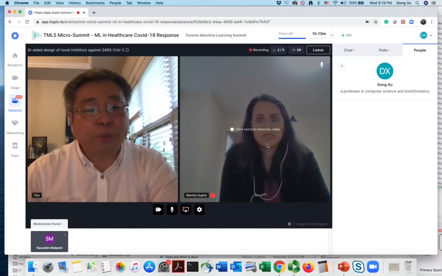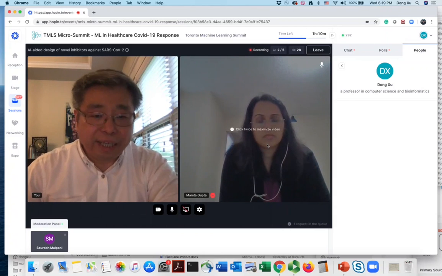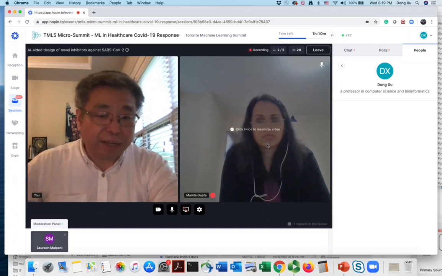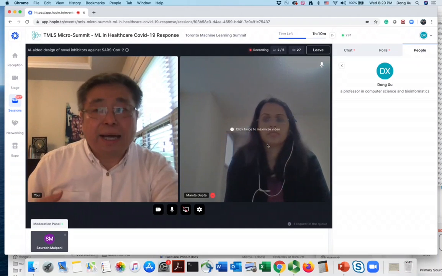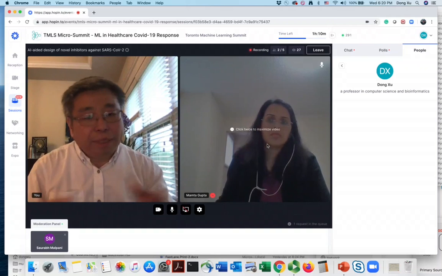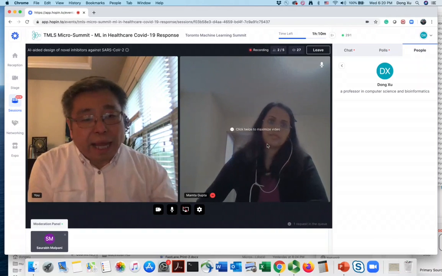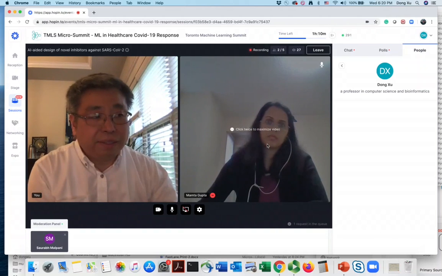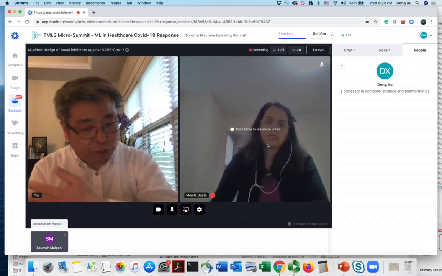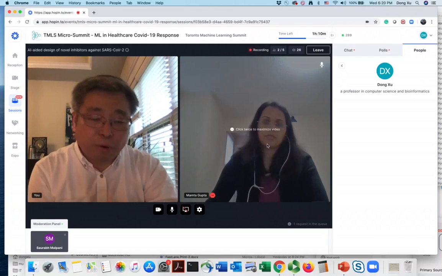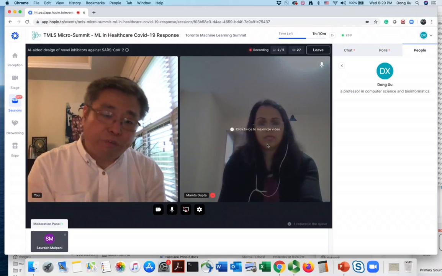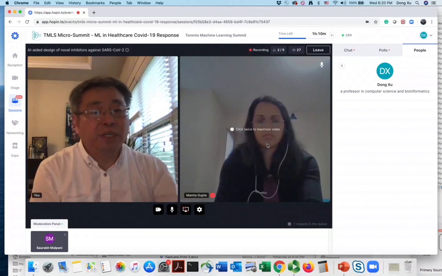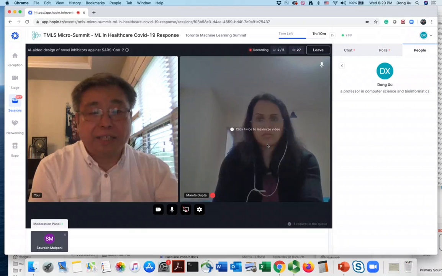The second category is those we can easily order through a catalog. And the third is those we have to synthesize. So we have a combination of all three. Those we need to synthesize look quite different from the first two categories. That means they are truly novel. So potentially they could open the door for a completely different kind of drugs for the same target.